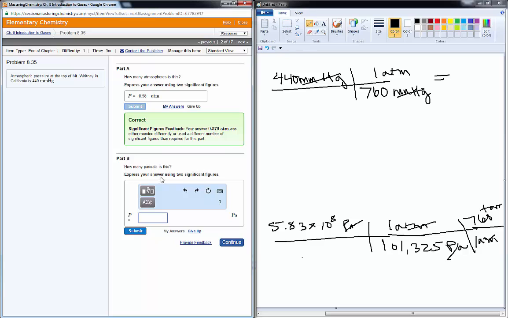Excellent. Now they want to know how many pascals that is. Here we've got a conversion between atmospheres and pascals. We can just tack that on to the same conversion we were doing at the beginning here. 1 atmosphere now goes on the bottom, so those will cancel.